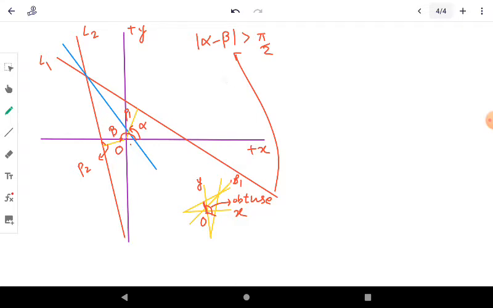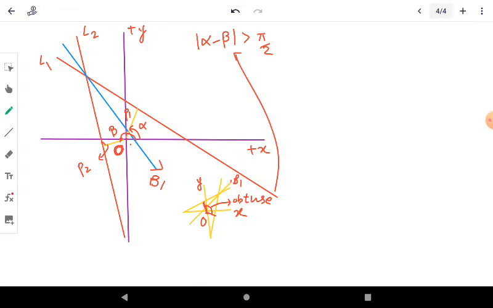if we want to calculate the acute angle bisector, we have to calculate the bisector B1 which is containing origin, guys. So as you can see, the acute angle bisector is containing origin and mod alpha minus beta is greater than pi by 2.